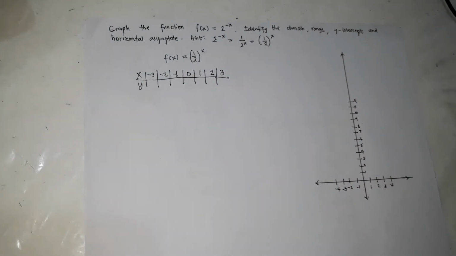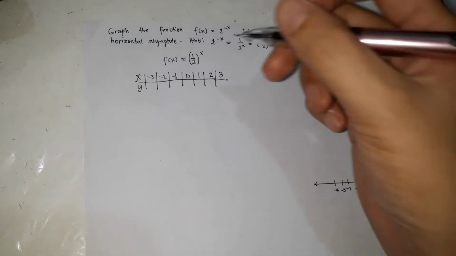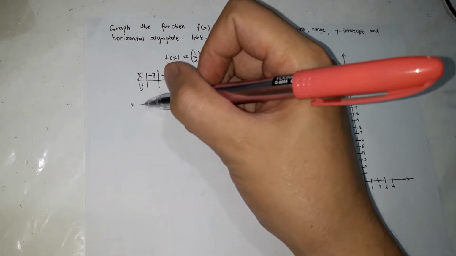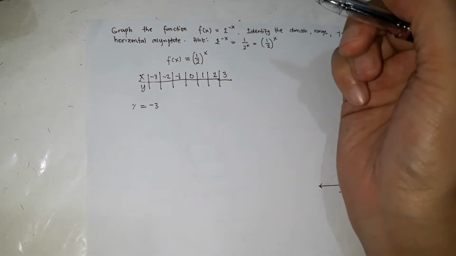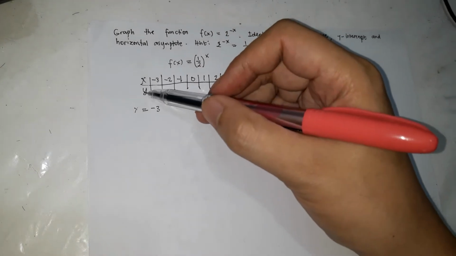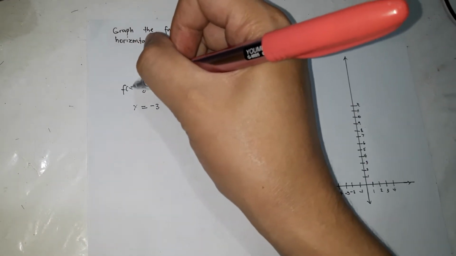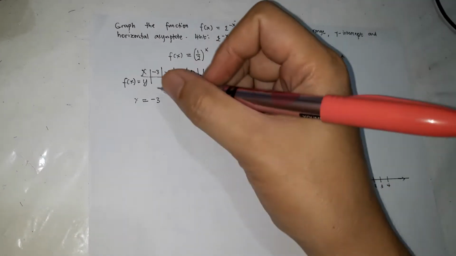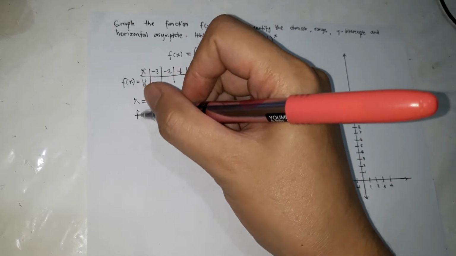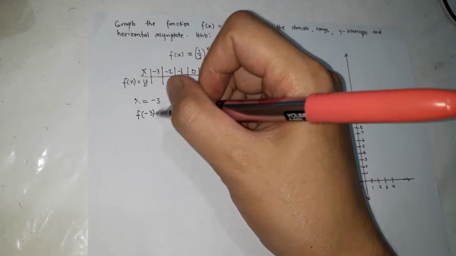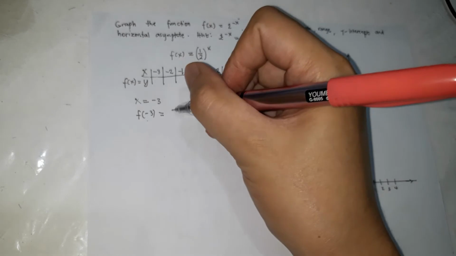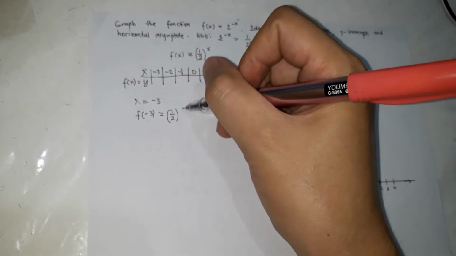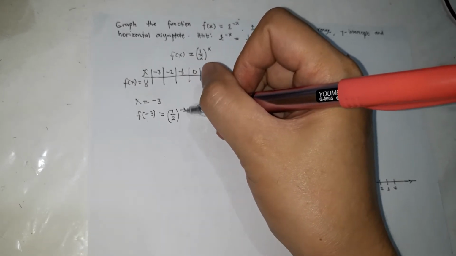Those are the only values we'll use. So first, when x is equal to negative 3, what's the value of f of x, or y? This y is equal to f of x. So f of negative 3, or the y, is 1 half to the power of negative 3.